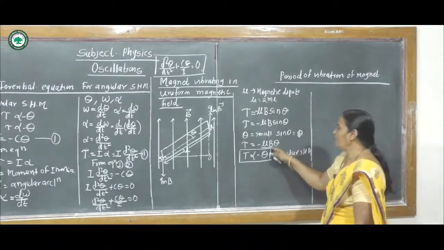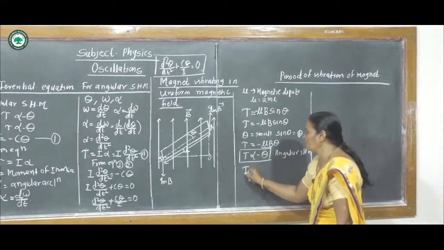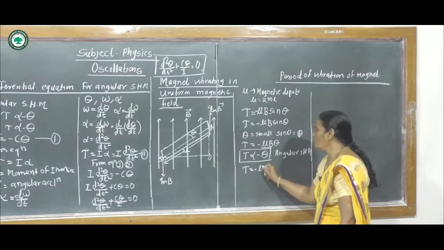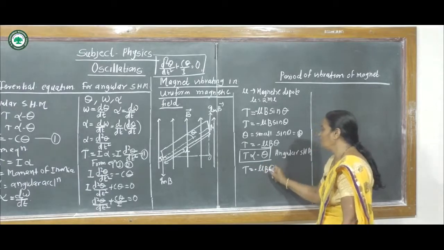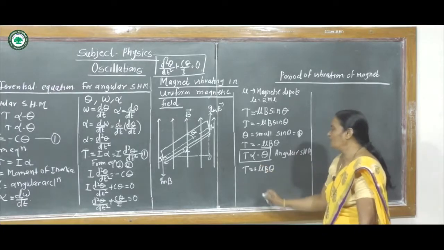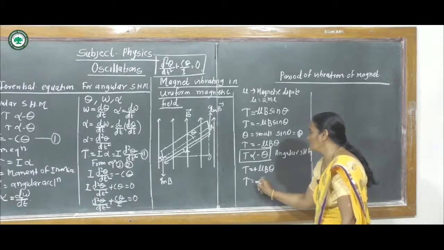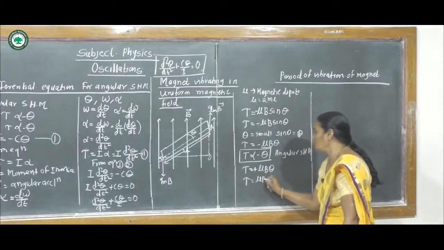Thus, we consider this equation again: torque is equal to mu B theta. Here we consider the magnitude of the restoring torque, that is tau is equal to mu B theta.